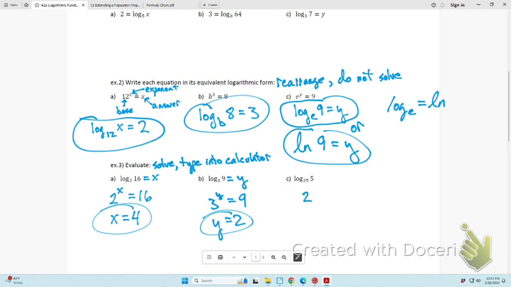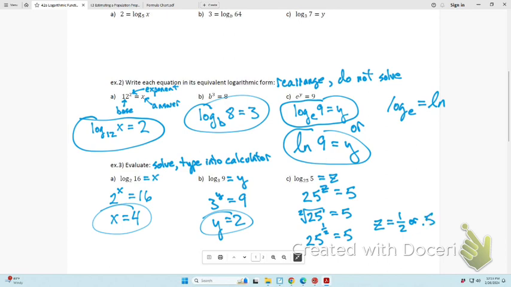Last one is very tricky to do in your head. 25 to what power equals 5? Well, we know square root of 25 equals 5. Isn't that a half power? Z, in that case, is 1/2, or 0.5.